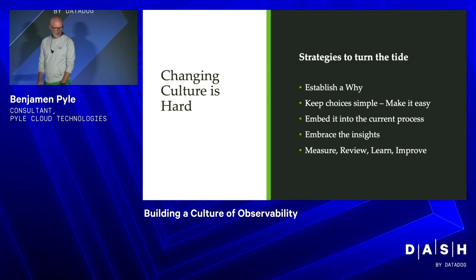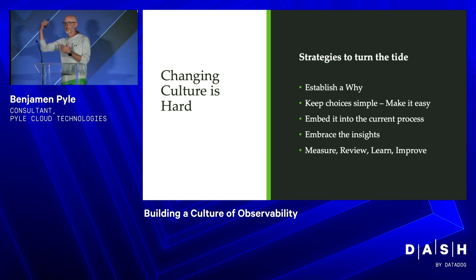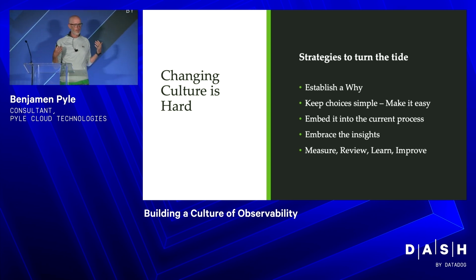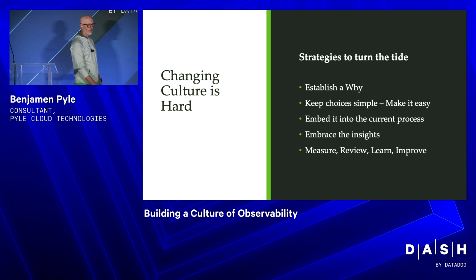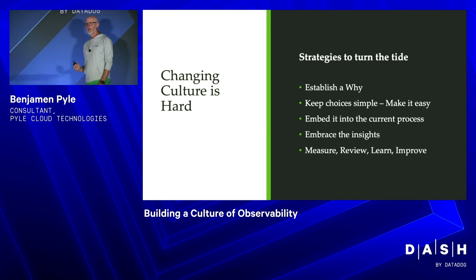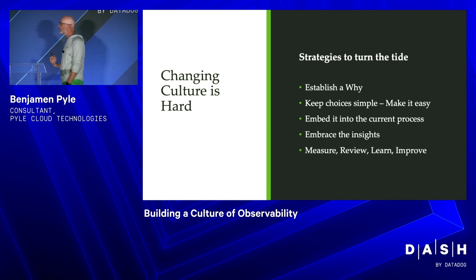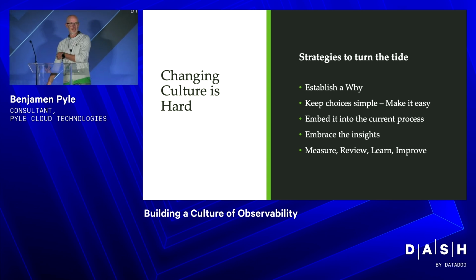So for the bulk of the talk, I want to run through these 5 strategies. We're going to start basically from top to bottom. So thinking about starting from the beginning all the way out to what do I do now that I have things up and running. We're going to move through establishing the why. We're going to talk about keeping choices simple, how to make it easy.